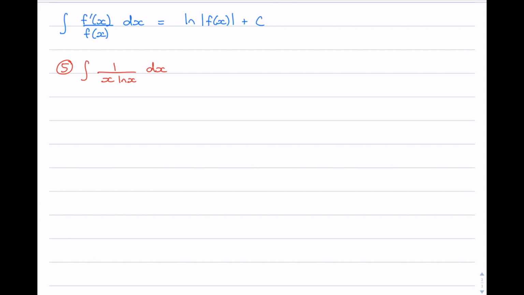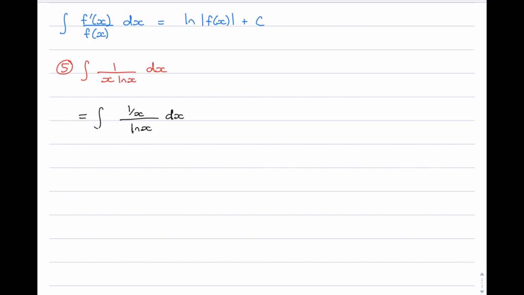So our first example is the integral of 1 over x times log x. Now, if we have a look at the denominator here, we have a function which is x times log x. However, when we differentiate that, we don't get 1. So at first sight, this doesn't look like it's going to be a log application. However, if we're clever with the way that we write our integrand, you'll see that this is the integral of 1 over x all over log x dx.